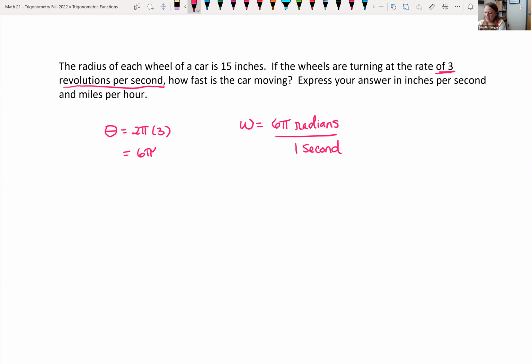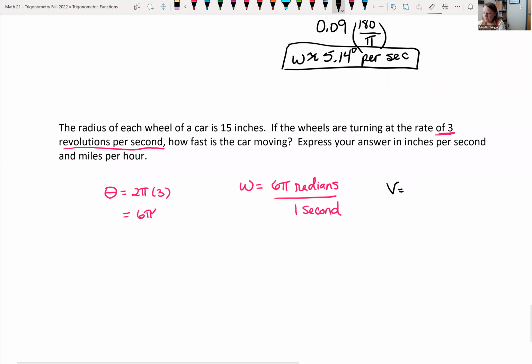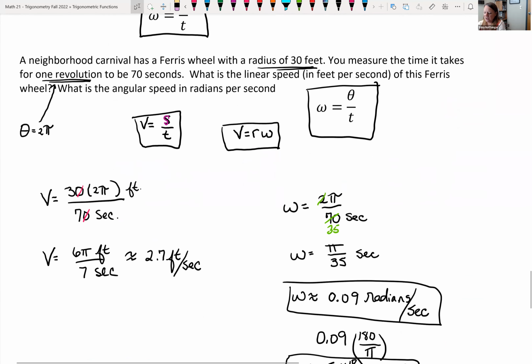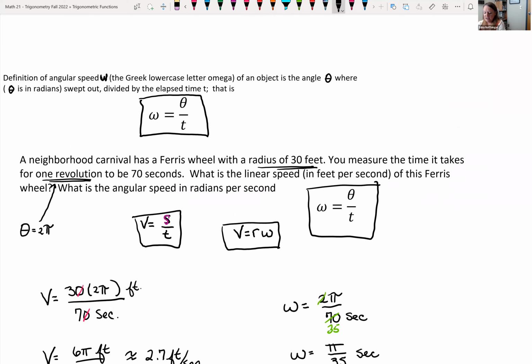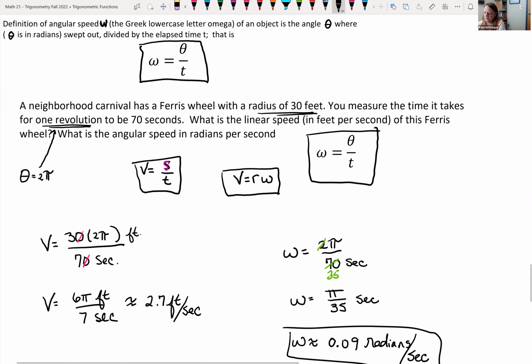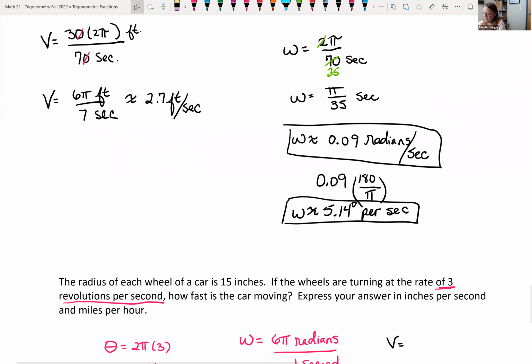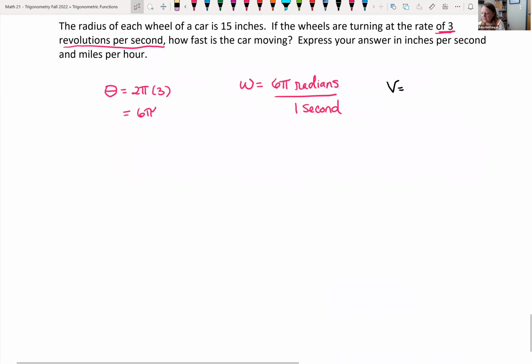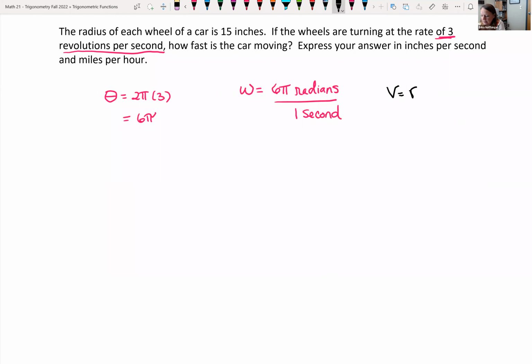So recall that we can find our linear speed by looking at, from up here, there were 2 different formulas, r times omega, and we know what omega is, so let's just use that one. So this is our radius of the wheel times our angular speed.